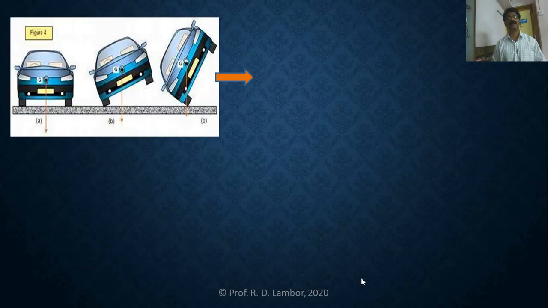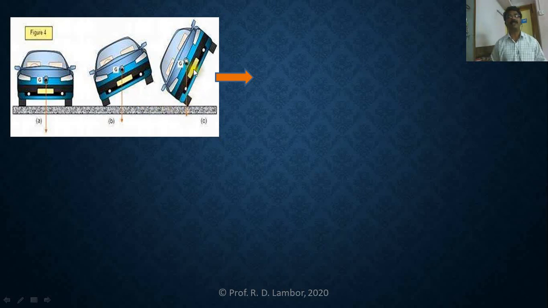See here. In this diagram, we have shown the toppling of a four-wheeler. In the first diagram A, the forces acting on that vehicle are balanced. In the second diagram, the forces are not balanced. That's why one wheel of that vehicle leaves the road surface.